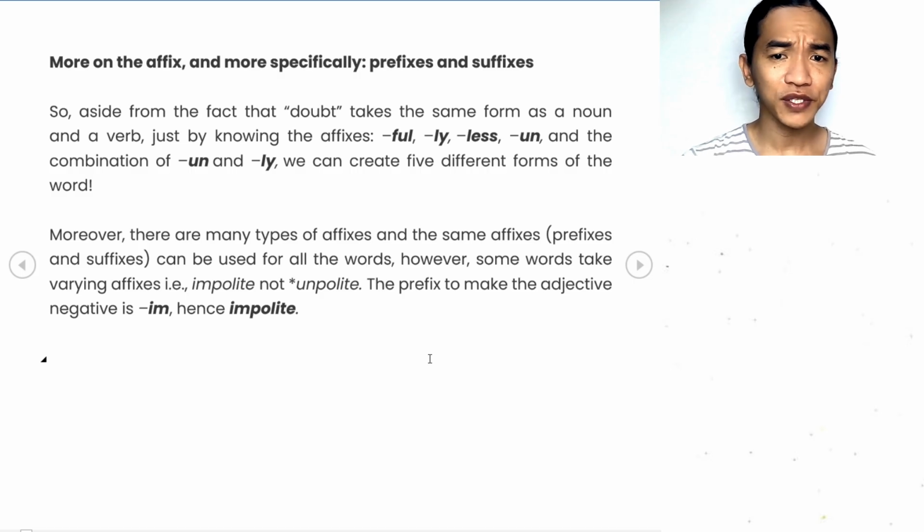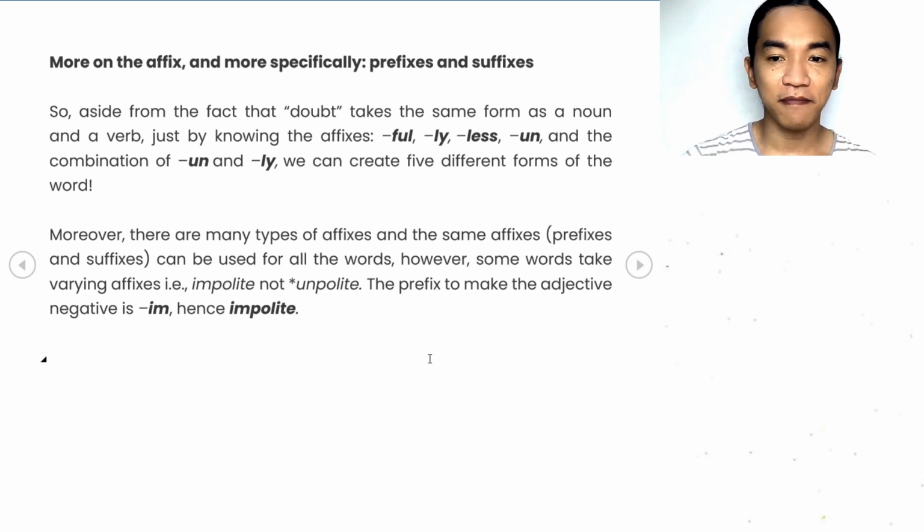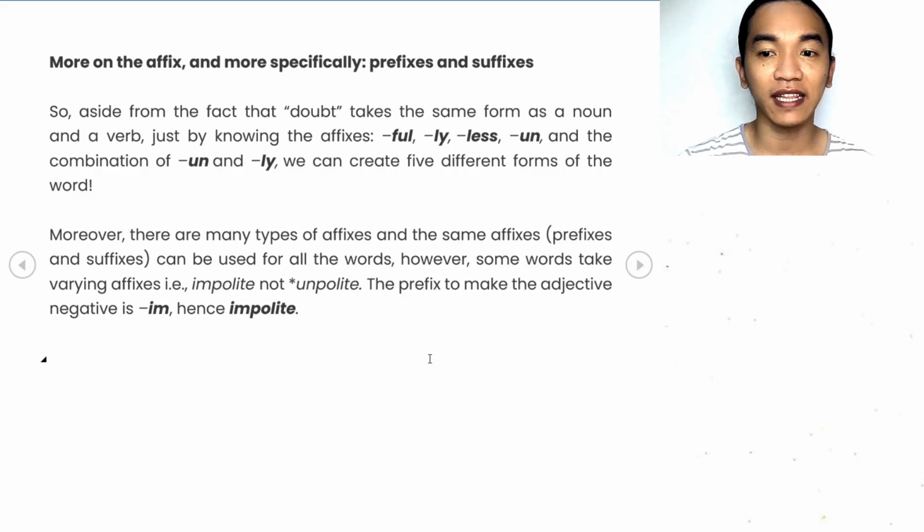Aside from the fact that doubt takes the same form as a noun and a verb, just by knowing the affixes ful, ly, less, un, and the combination of un and ly, we can create 5 different forms of the word. Moreover, there are many types of affixes. However, some words take varying affixes.